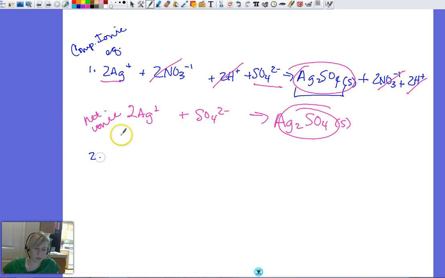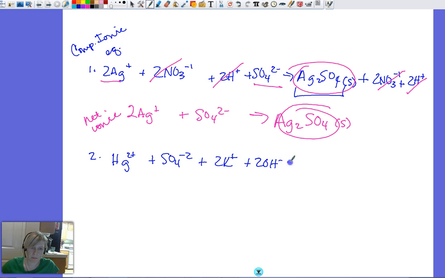So for number 2, I have Hg2 plus SO4 2 minus plus 2K plus 2OH minus, and that's going to give us, now I check these, and mercury hydroxide is not soluble, so it's going to be our solid. And then we have potassium and our sulfate.